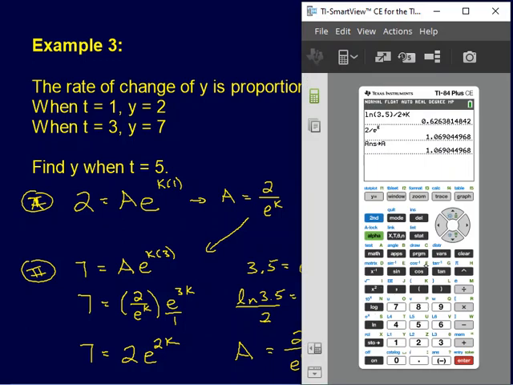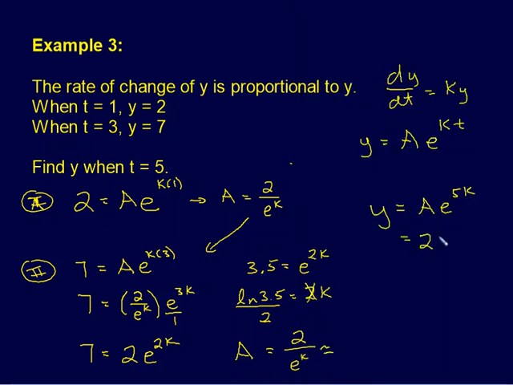So I'm going to go A times e to the 5k. And I'm going to get 24.5 exactly. Okay, so this would be considered y of 5. It's the y value when t equals 5.